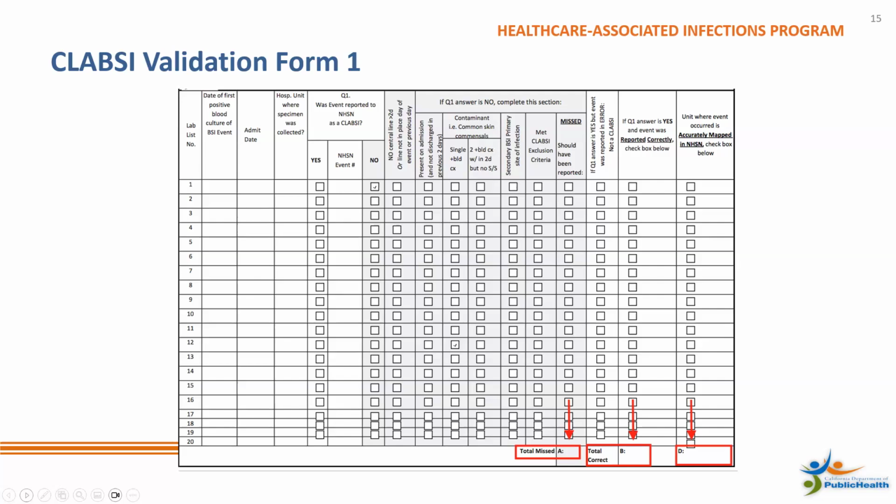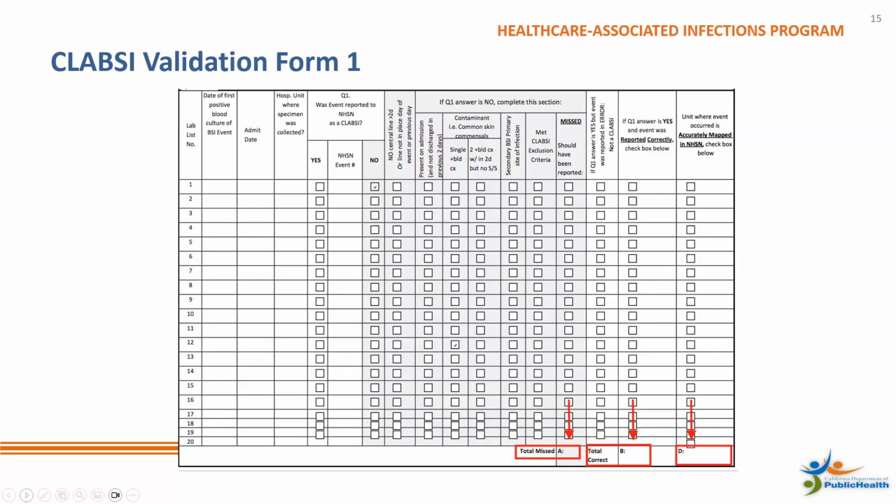So if you've answered no for question 1, then you complete the next series of questions, which is: no central line was present within 2 days, or the line wasn't in place on the day of the event or the previous day, or it was present on admission and not discharged in the previous 2 days in terms of the patient, or it's a contaminant like a skin contaminant or a skin commensal, right?